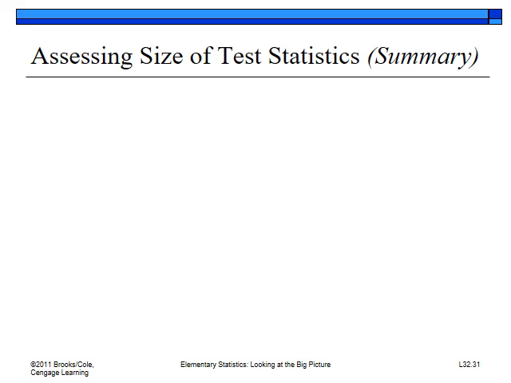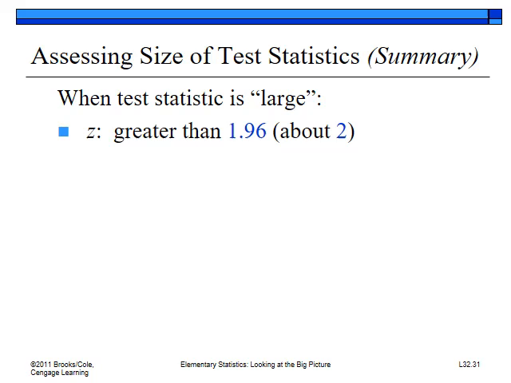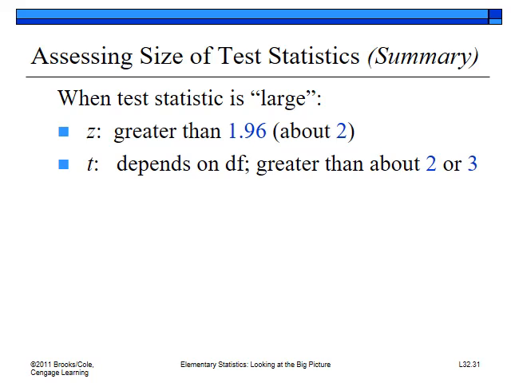So remember, when we're looking at our test statistics, at this point we have z and t and f and chi-squared. What does it mean to be large? Well, remember for z, our cutoff was about 2. For t, it depends on the number of degrees of freedom. It's always bigger than 2, and it can be as big as 3. For really, really small sample sizes, it might even be bigger than that.